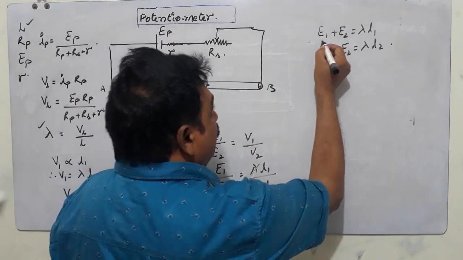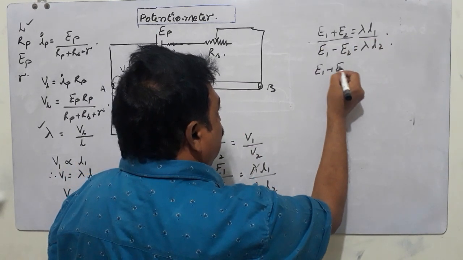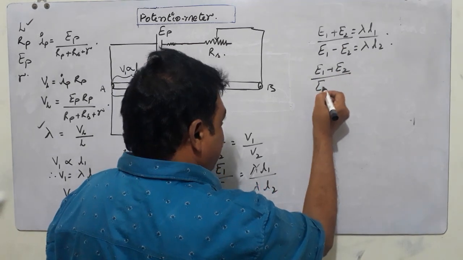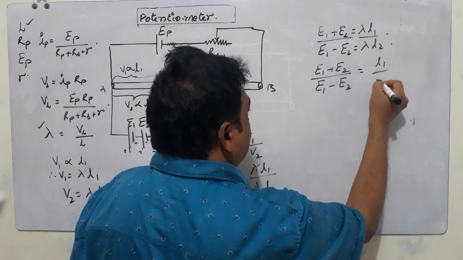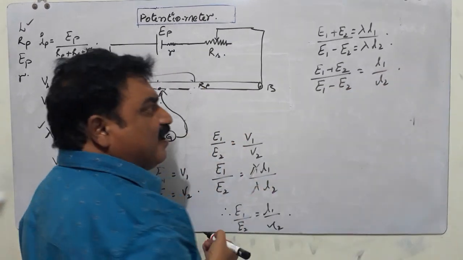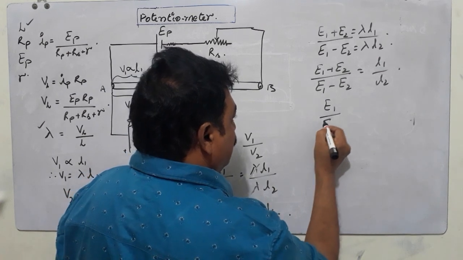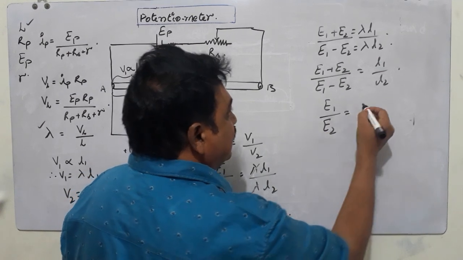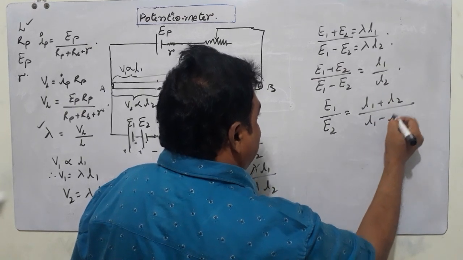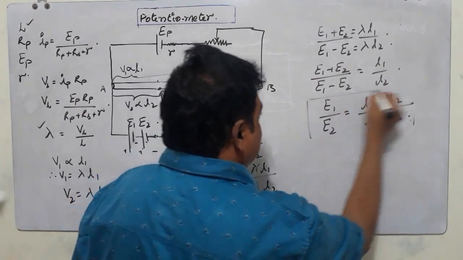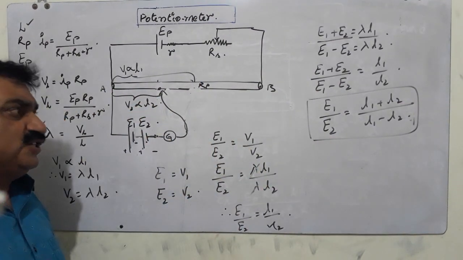By dividing, you get E1 plus E2 by E1 minus E2 is equal to L1 by L2. By applying the componendo and dividendo method, E1 by E2 can be taken as L1 plus L2 by L1 minus L2. This is one of the most important applications of this potentiometer.